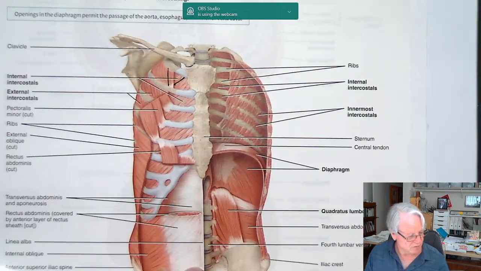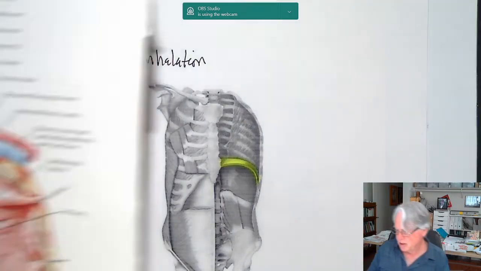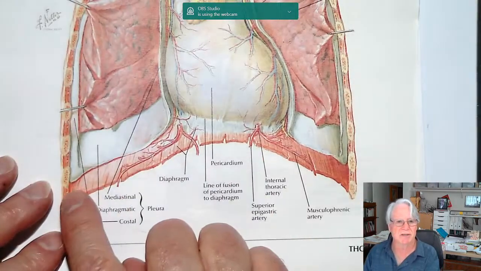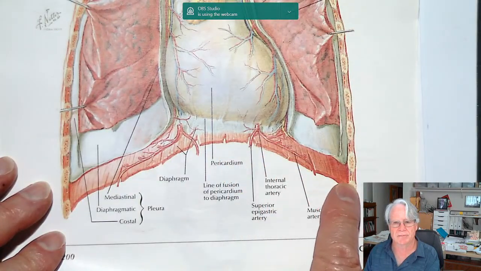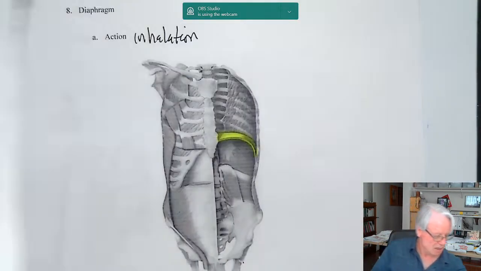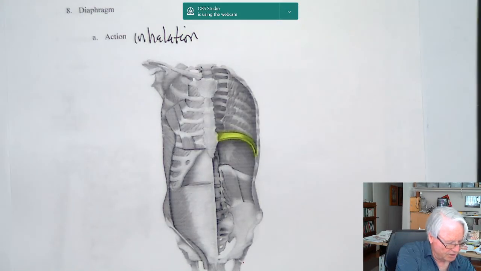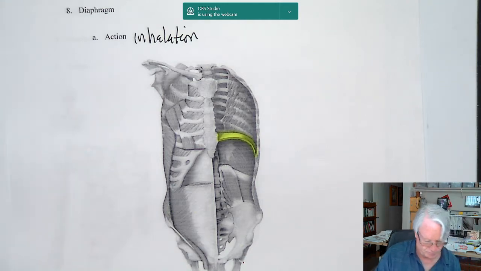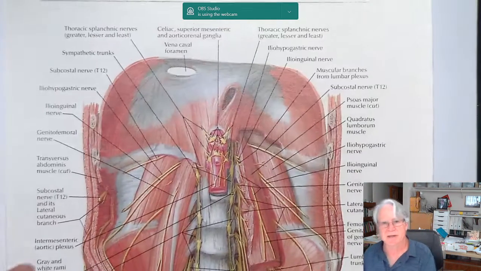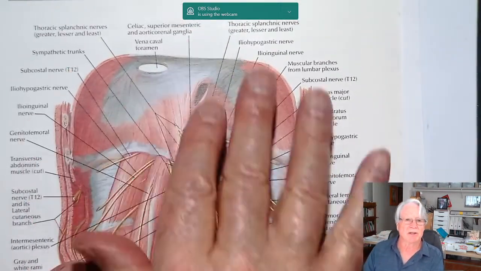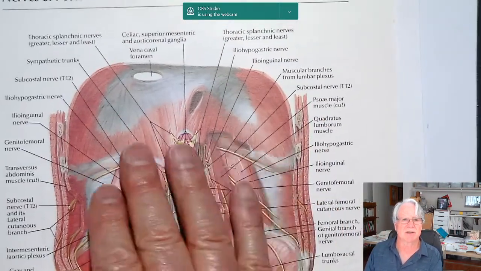Okay. So we've seen it in a number of different views. This view here. There's the diaphragm. And let's see, I think I have some others. Yes. So here's the diaphragm with all the soft tissue and internal organs removed.